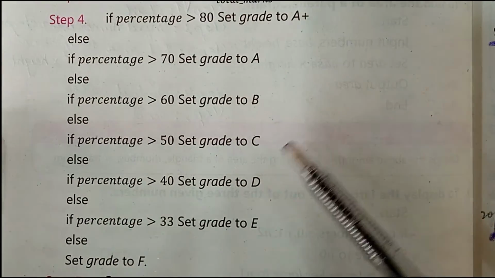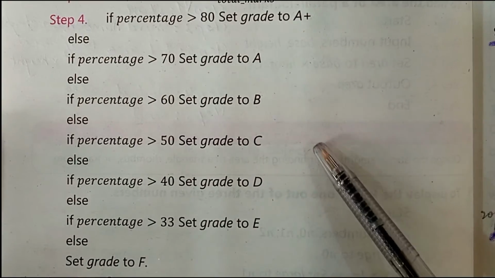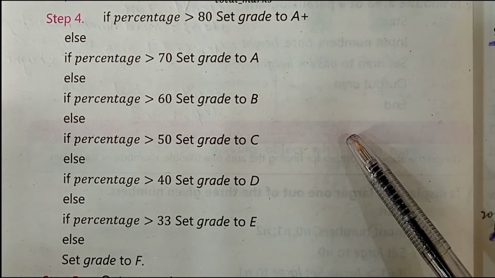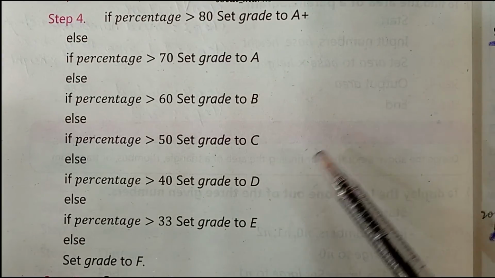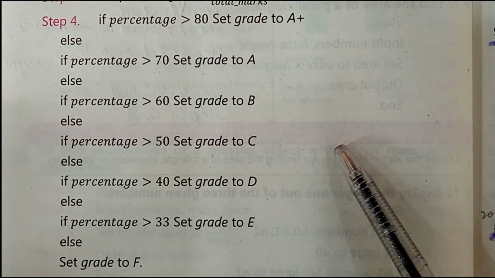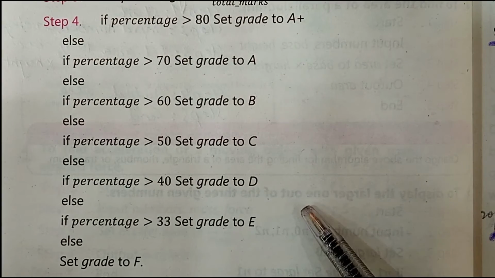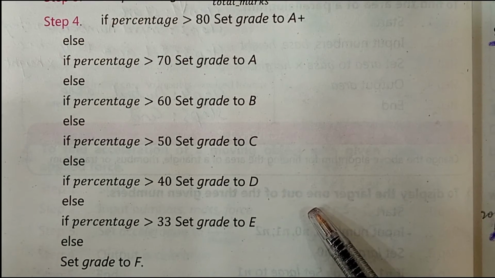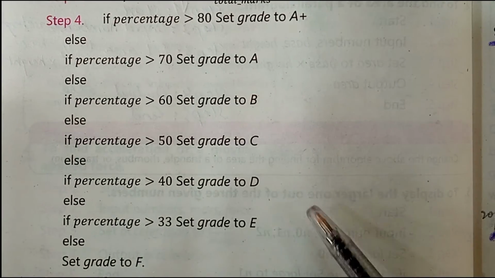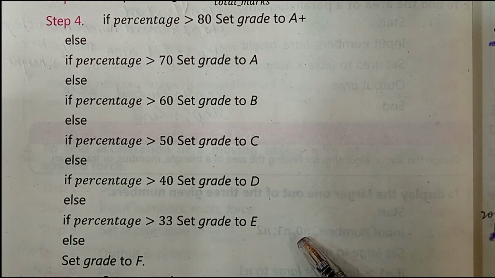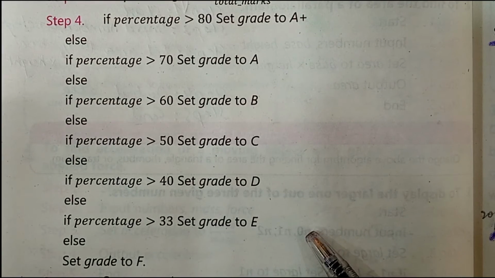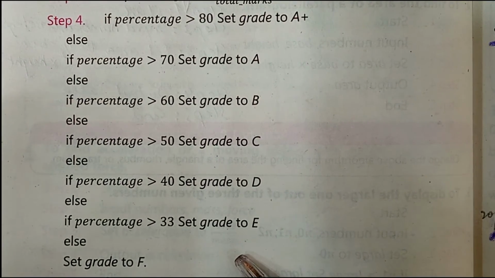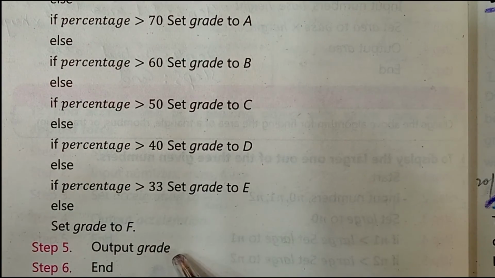If the percentage is greater than 60, it will assign the value of B, and if the percentage is greater than 50, it will assign the value of C. If the percentage is greater than 40, then it will assign the value of D, and if the percentage is greater than 33, it will assign the value of E, and less than 33, it will assign the value of F. Step number 5, output grade.